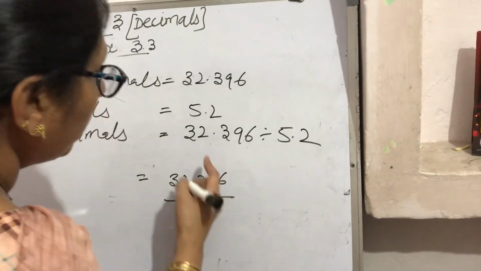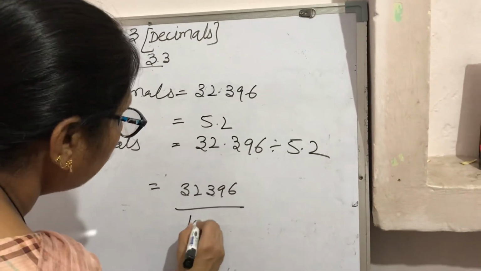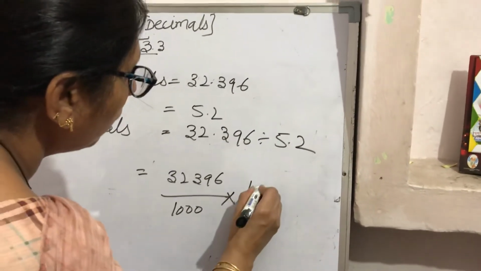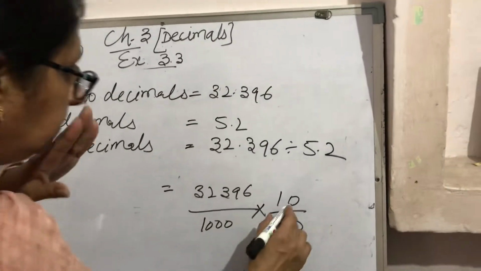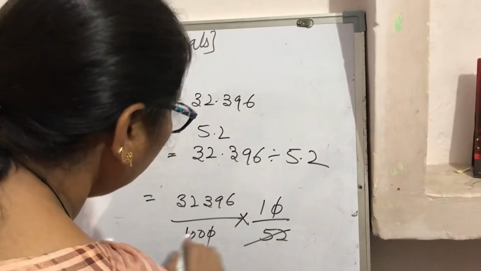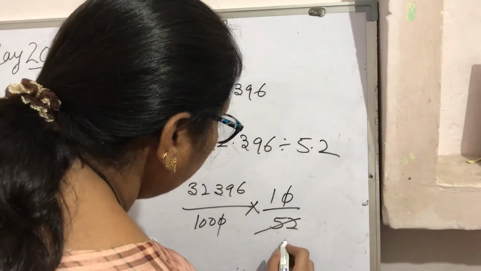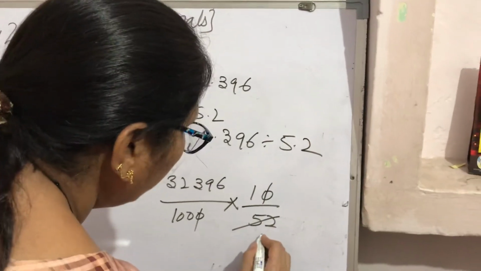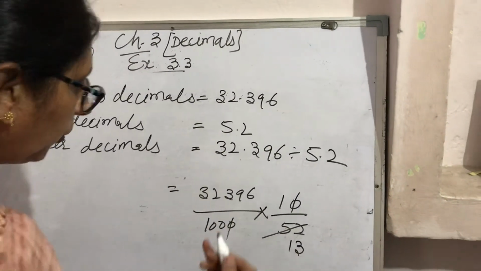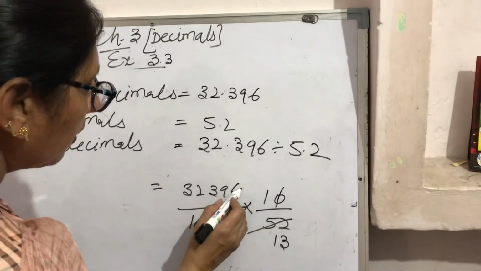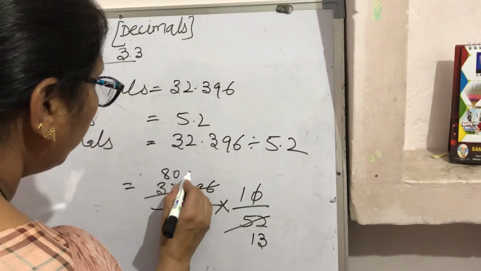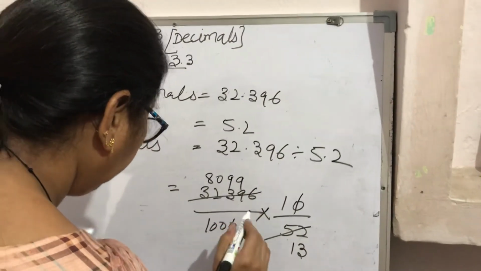Divided by 5.2. Again the same 32.396. Removing the decimal, there are 3 digits in the decimal part, so we'll use 1000. Then 52, one digit is there, so 10 will be used at the numerator place. 0 with 0. Then 52 will be divisible by 13 or 4. 4 13s are 52. 4 8s are 32, 4 9s are 36.